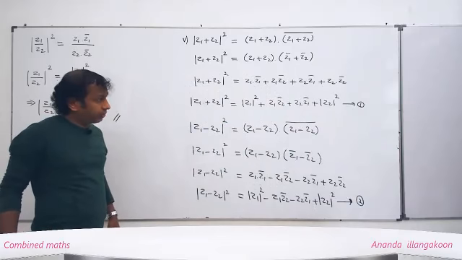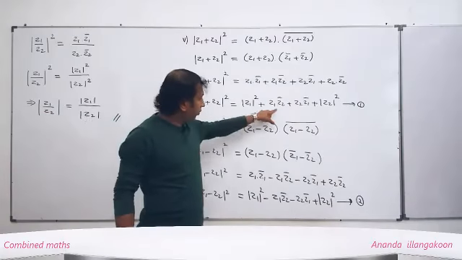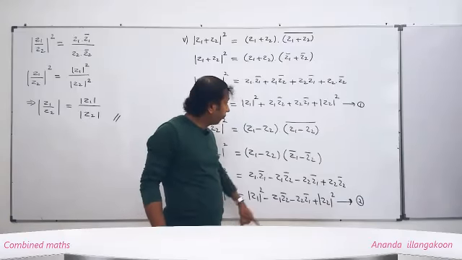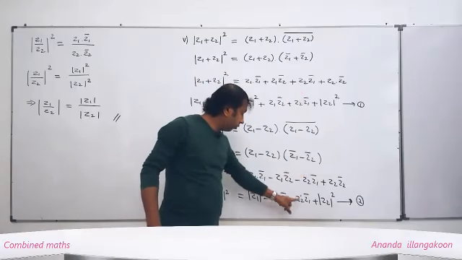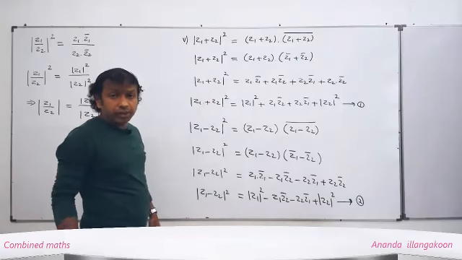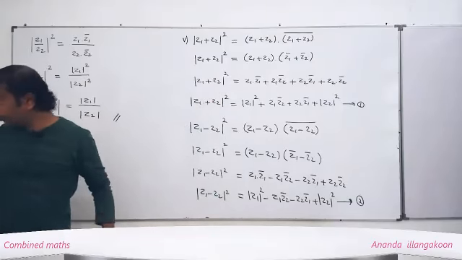Right? So then you can see this Z1 Z2 bar here and minus Z1 Z2 bar will cancel off. Z2 Z1 bar will cancel with this minus Z2 Z1 bar. Then we get the answer. Take 1 plus 2.